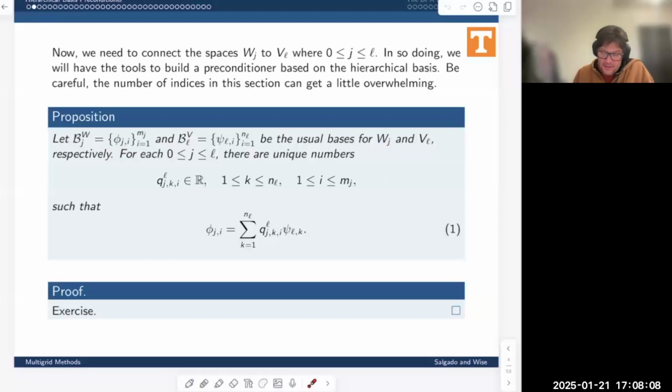Therefore, since these are elements of W_j, they must also be elements of V_l.